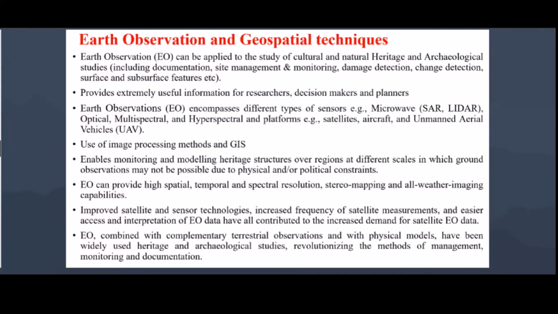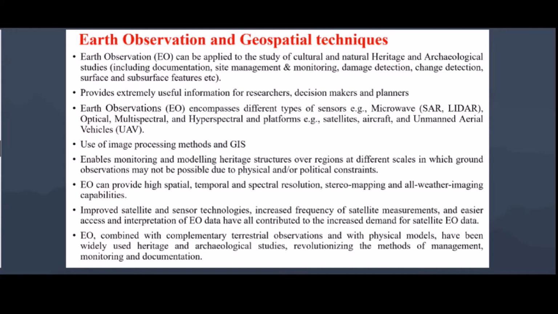So, as I said, in any such situation where we are not able to go physically due to any constraint, like regions such as Syria or war-torn Afghanistan, where people are not able to go, but there are considerable heritage structures, Earth observation data from a space-based platform helps us to get an idea, do mapping and monitor such heritage sites without having to do groundwork, or with minimum groundwork. Such structures can be modeled and monitored.